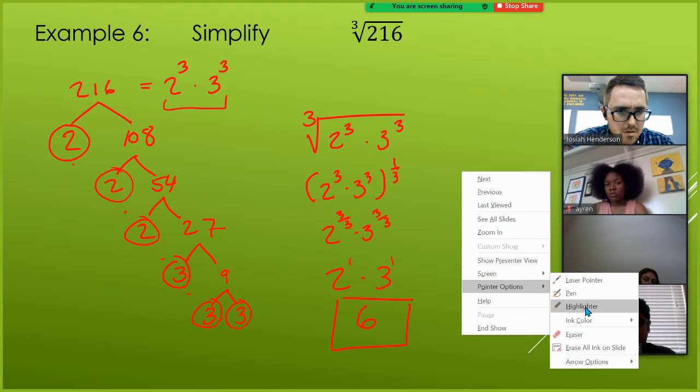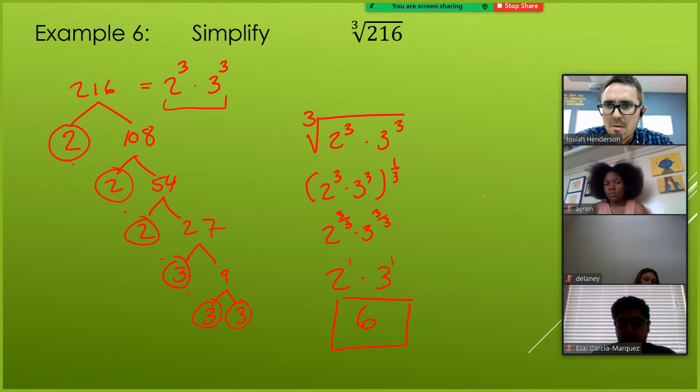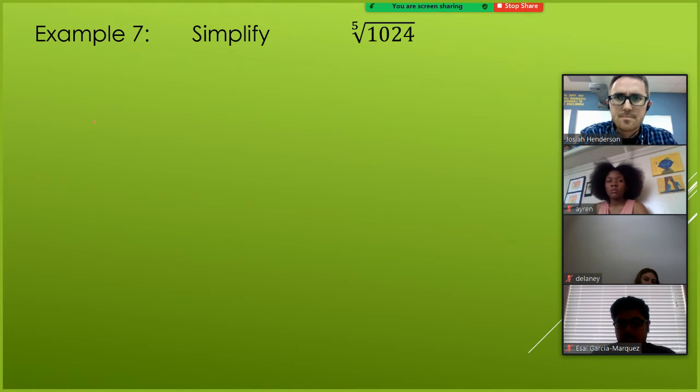The good news is this is going to be our topic for most of the rest of this week. Today, tomorrow, Wednesday. So we can take our time with it. Let's try another one. Okay, it's a bigger number. We're doing the fifth root of 1024.